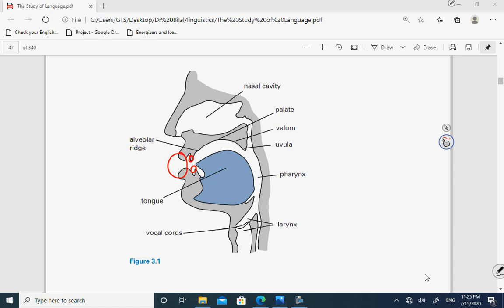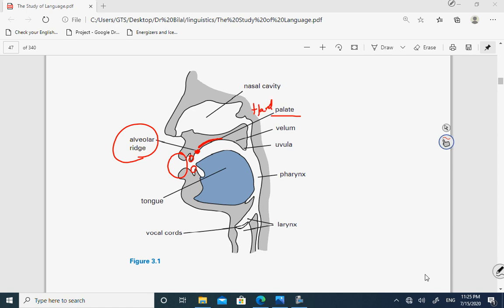What is behind the teeth, exactly here in this area, is known as the alveolar ridge. The area here, the bony area, is made of bone. It's known as the hard palate.